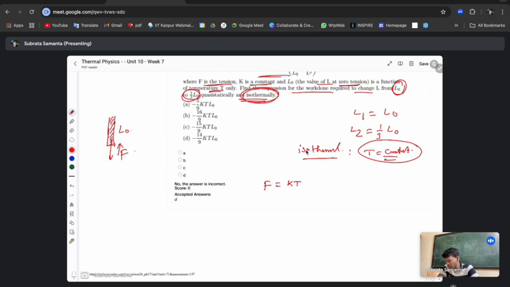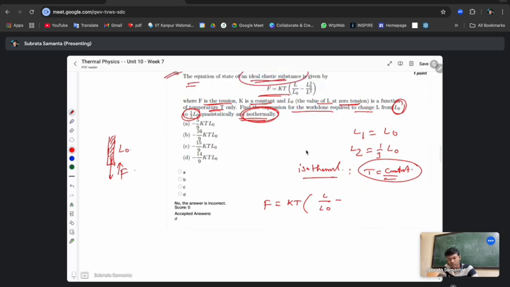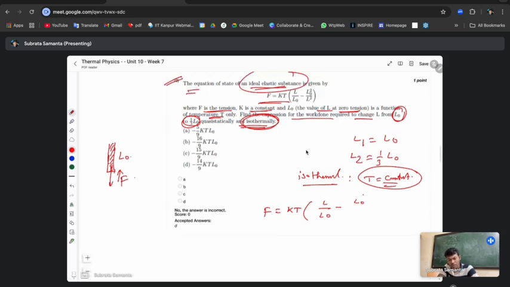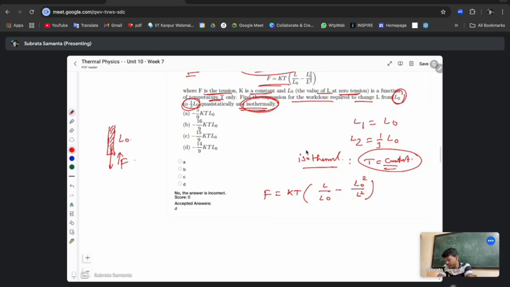It's kT times L over L naught minus L naught square over L square, right? L is the arbitrary length. And this is the equation of state.